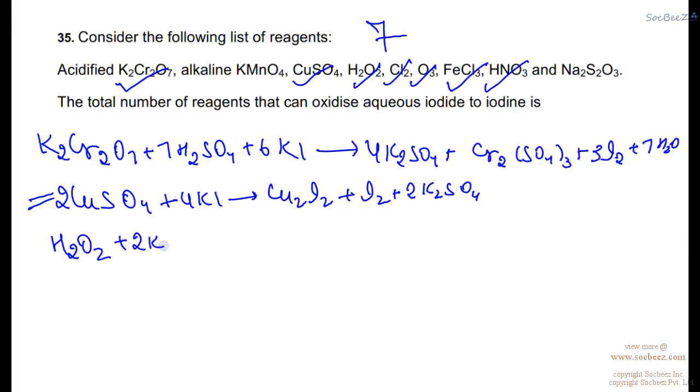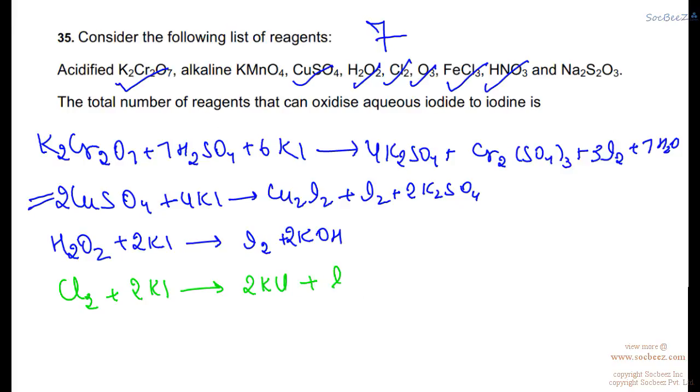Well, the third with H2O2 is H2O2 plus 2KI gives I2 plus 2KOH. The other reaction with Cl2 is Cl2 plus 2KI gives 2KCl plus I2.